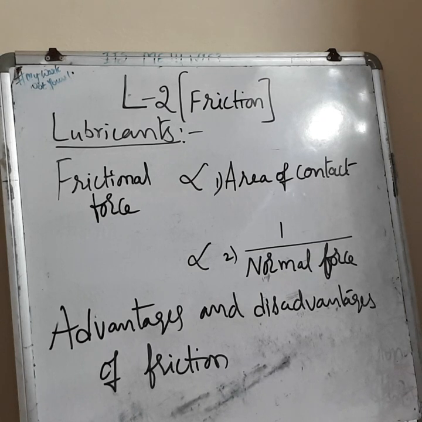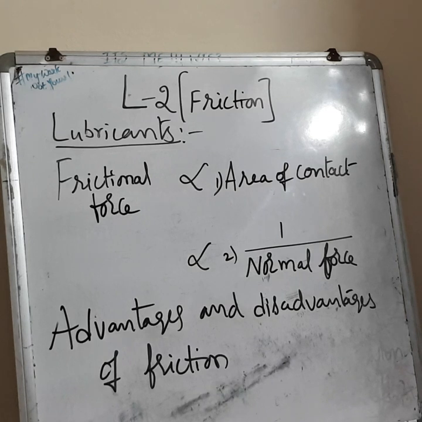Now, this frictional force is directly proportional to area of contact. How can you say? We have one activity, the brick activity. Take a brick, tie a string around it, and take a spring balance and pull it slowly. You observe the force shown by the spring balance at which the brick moves, and note it down.